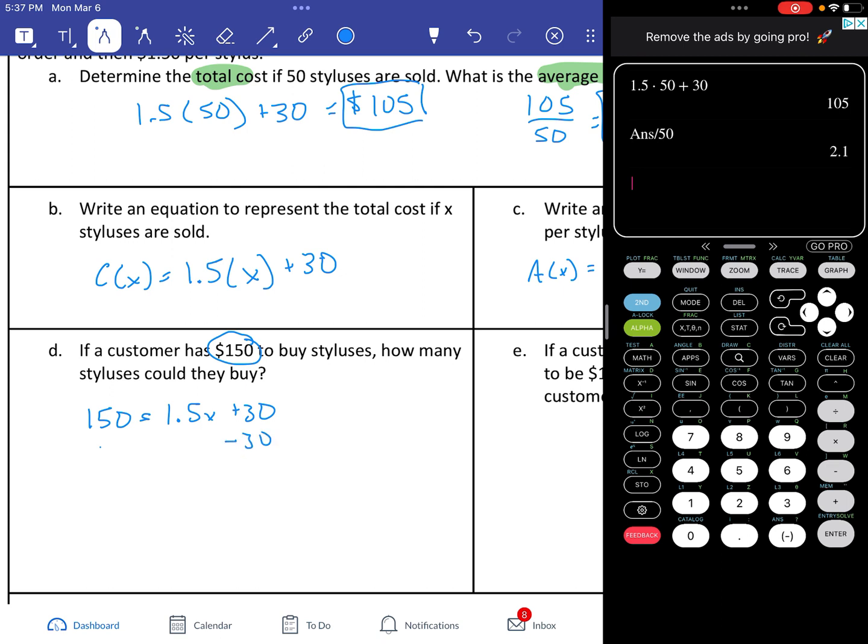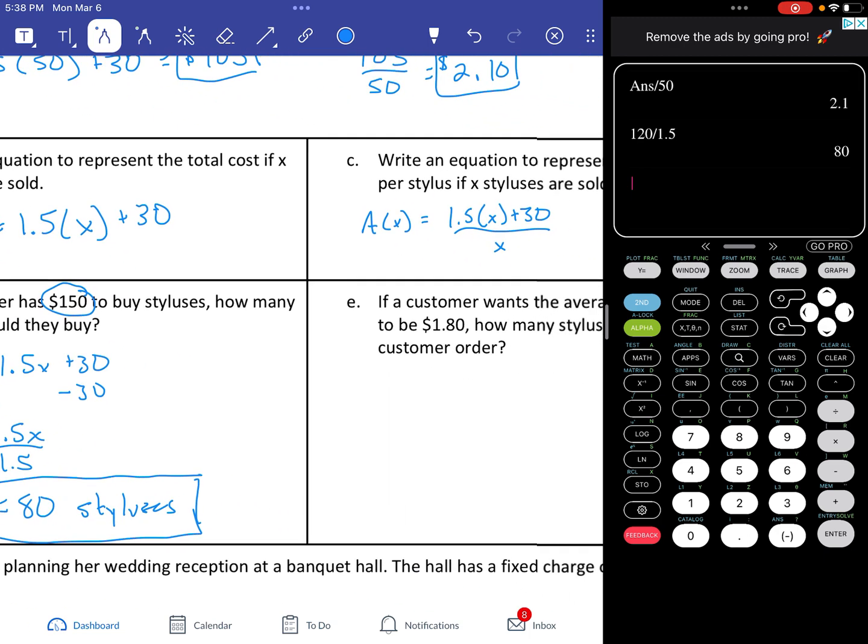Subtract by 30 on both sides. So $120 equals 1.5x. Divide by 1.5 on both sides. And 120 divided by 1.5 is 80 styluses.